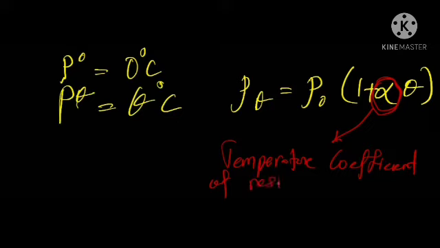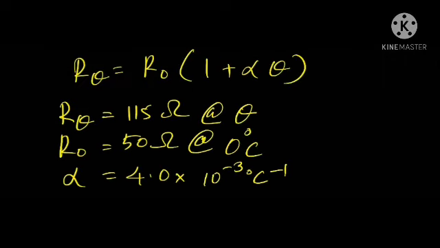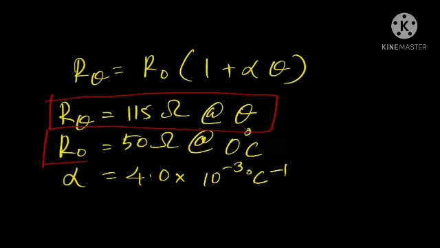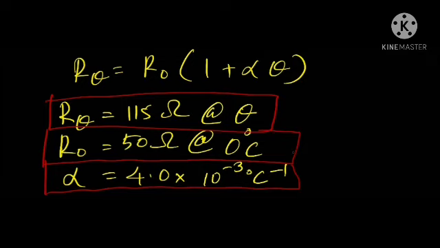Consequently, for resistance, we can write Rθ = R0(1 + αθ). Here in this question, Rθ is 115 ohm, R0 is 50 ohm at 0 degrees Celsius, and α is 4.0 × 10^-3 per degree Celsius.